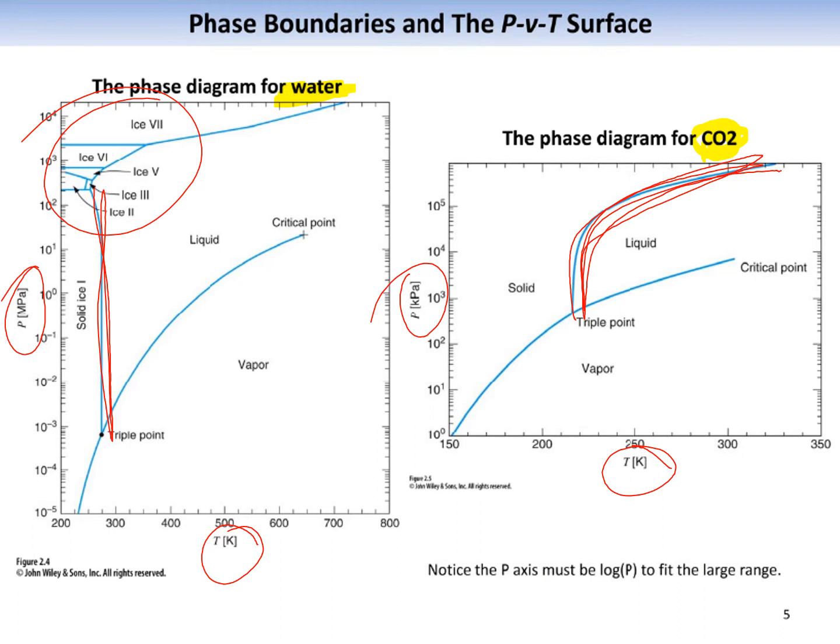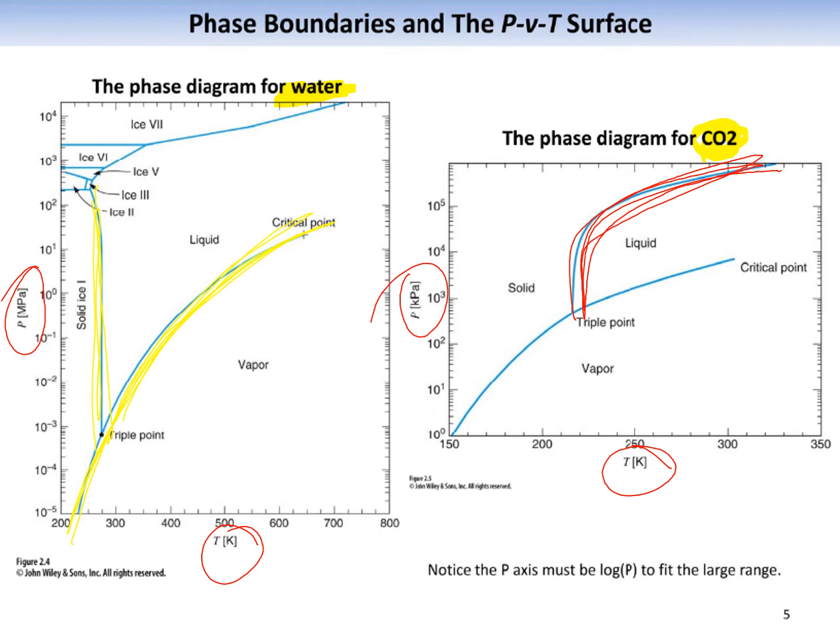So for understanding, only consider this part of the graph, and you can observe clear-cut behavioral variation when the material varies from water to carbon dioxide.